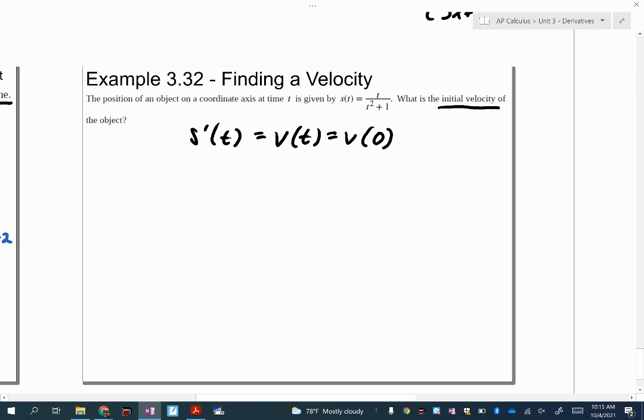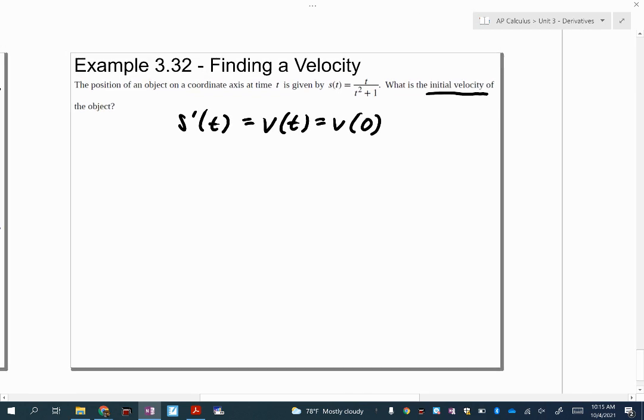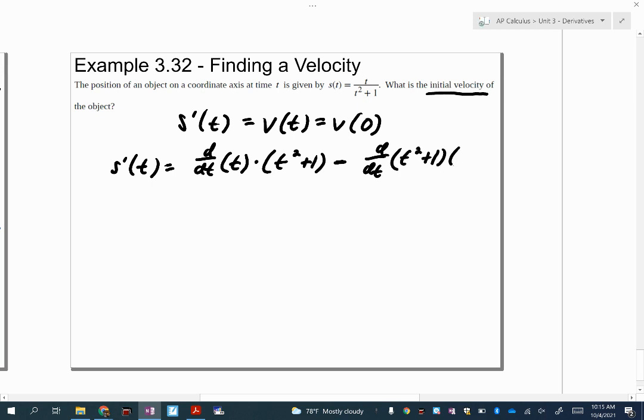Okay, so let's find the derivative. I'm going to be using the quotient rule for s prime of t. So that's going to be d dt of t times t squared plus 1 minus d dt of t squared plus 1 times t, all over t squared plus 1 squared.